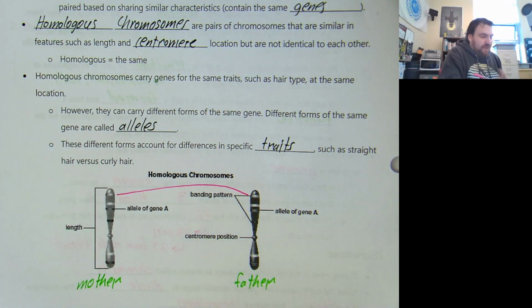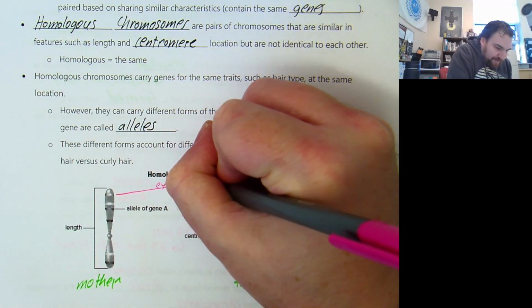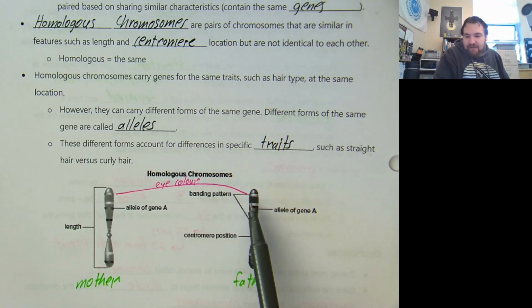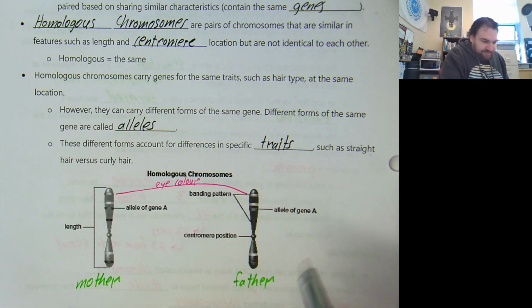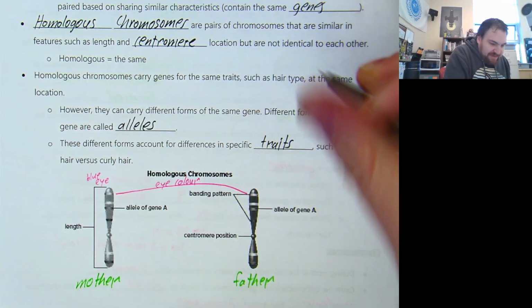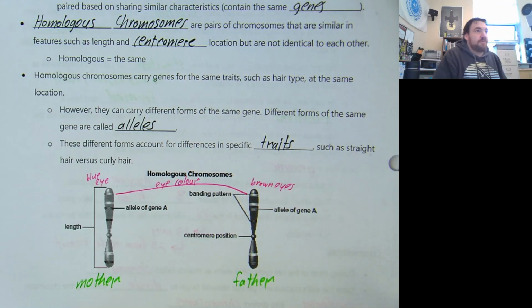Let's say it is. Let's say that this is eye color. It's not that simple. We're just going to pretend that it is. That line may be eye color. Maybe mom codes for blue eyes. Maybe dad codes for brown eyes. I don't know what you're going to get. Eye color is complicated.